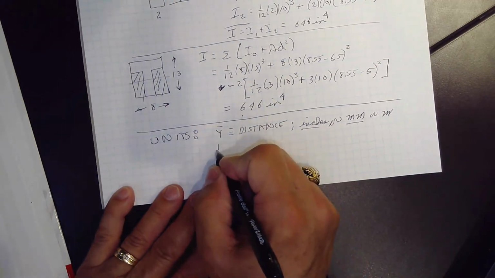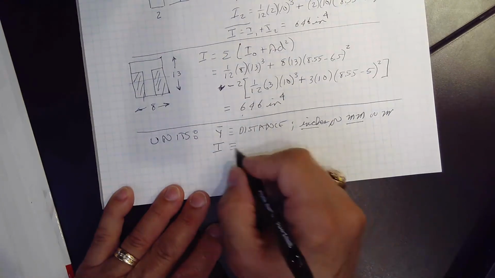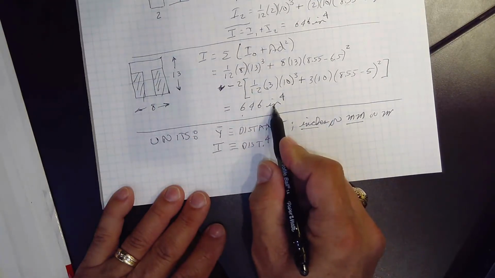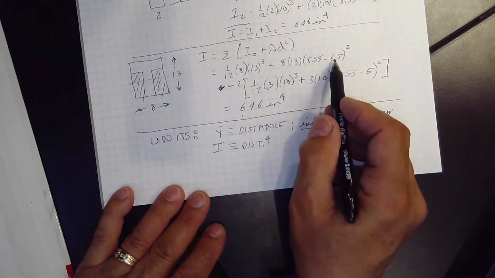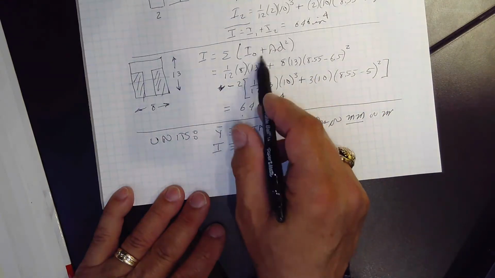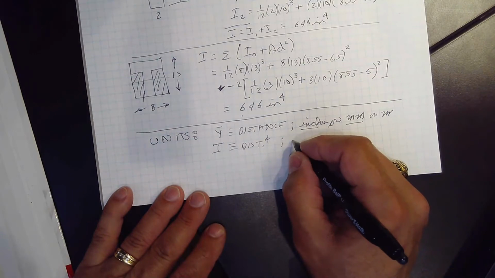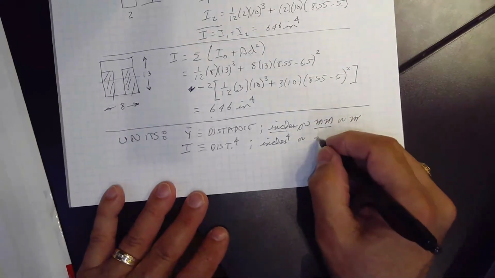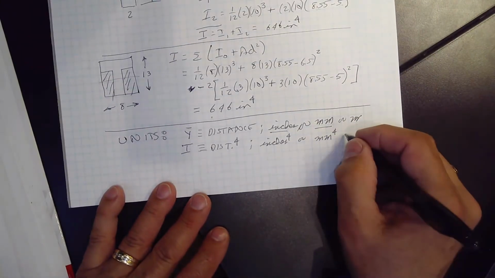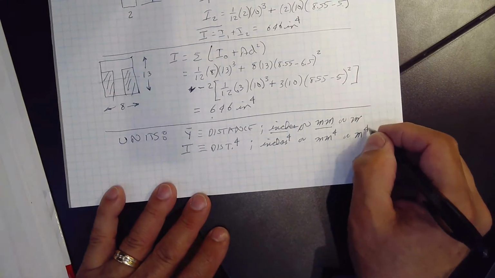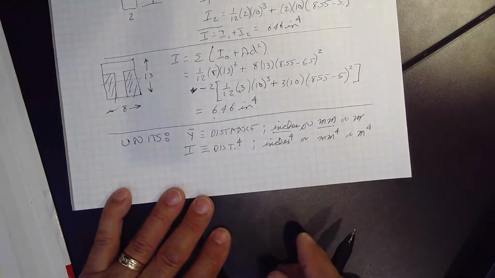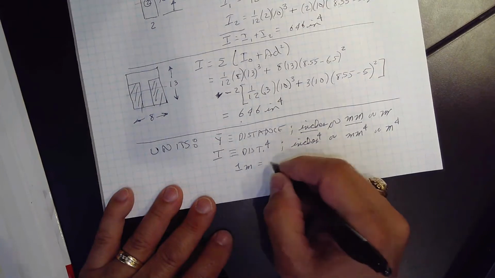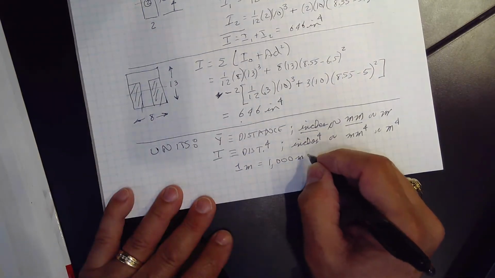Moment of inertia, I, is going to be distance to the fourth. See, we have inches to the fourth. AD squared, inches squared, times distance squared. BH cubed, we should come either to inches to the fourth, or millimeters to the fourth, or of course it could be meters to the fourth. Just remember that 1 meter is equal to 1,000 millimeters.